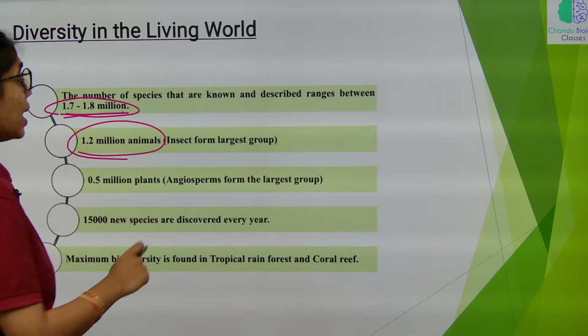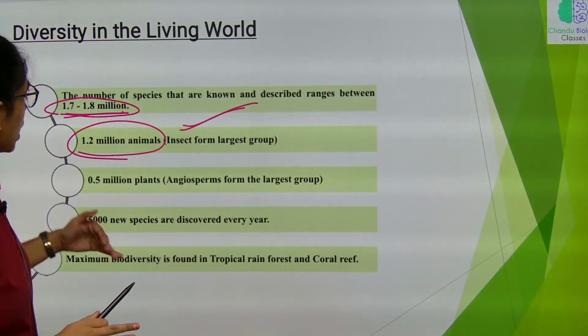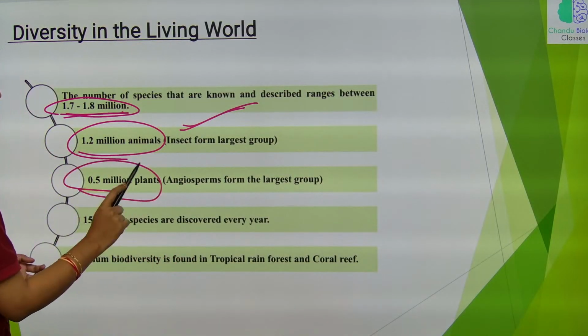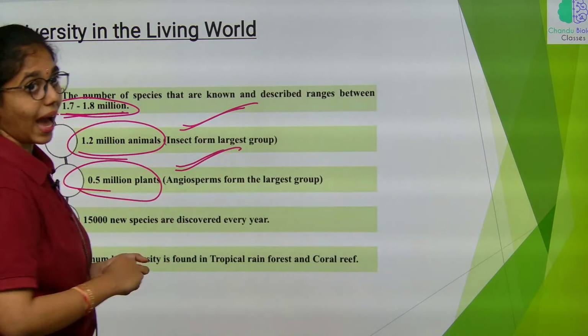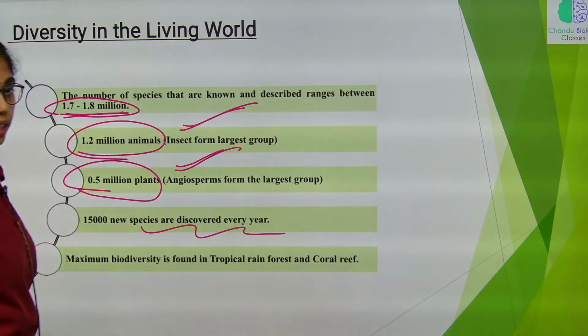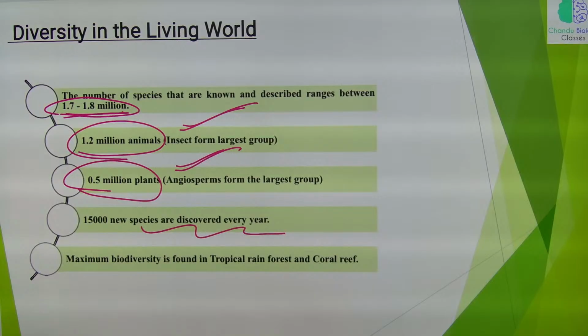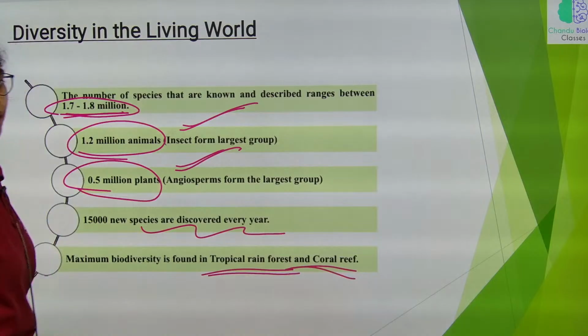Of them, insects are the largest group of the organisms, and then 0.5 million plants are present, of which the largest group is angiosperms. 15,000 new species are discovered every year. Maximum biodiversity is found in tropical rainforests and in coral reef regions.